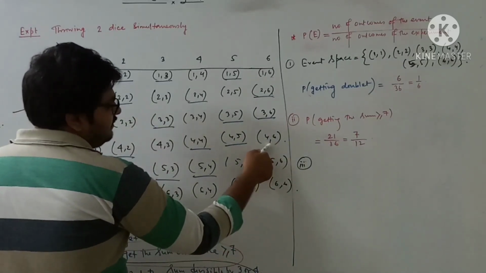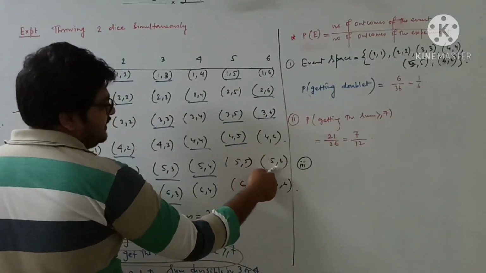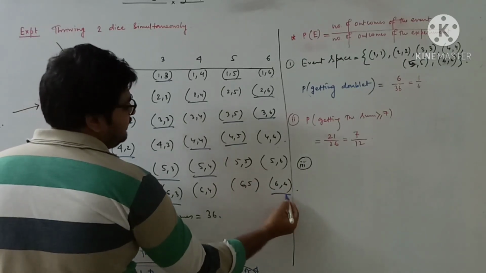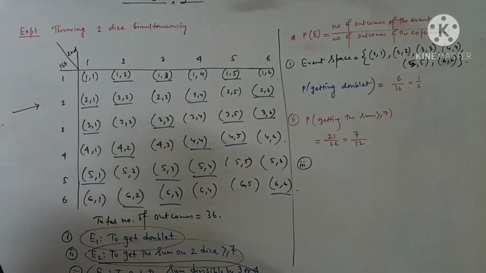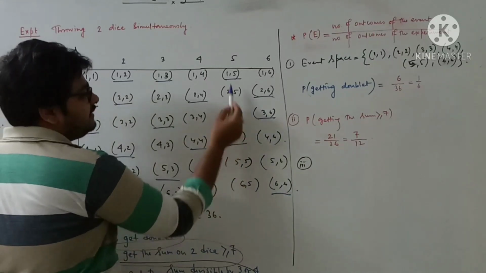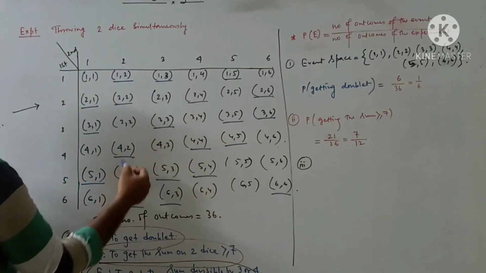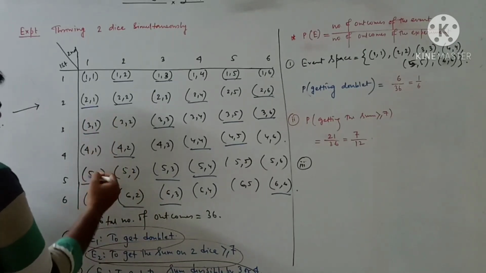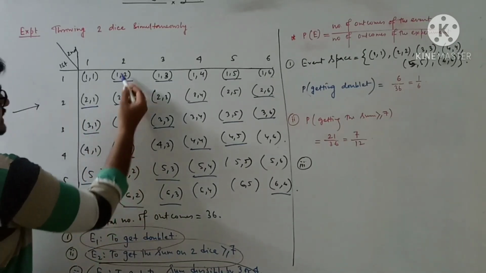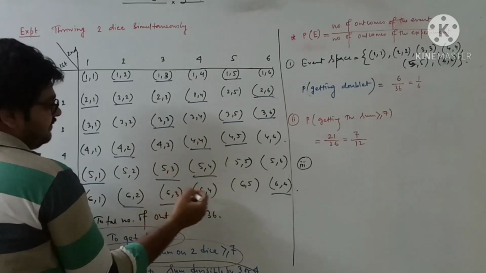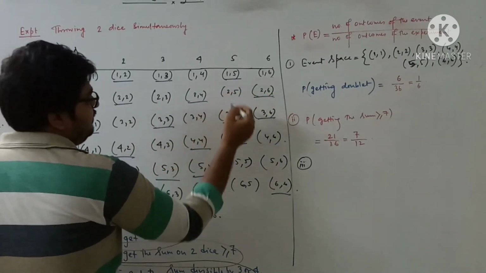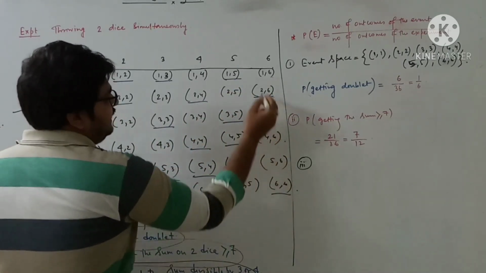This one cannot be divisible by 3 or 4. This also cannot be. This can be divisible by 3. So how many are coming? 1, 2, 3, 4, 5, 6, 7, 8, 9, 10, 11, 12, 13, 14, 15, 16, 17, 18, 19, 20.